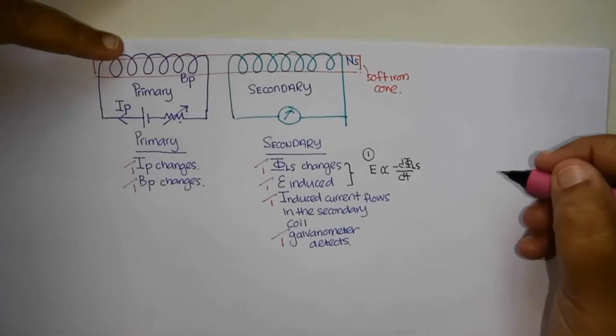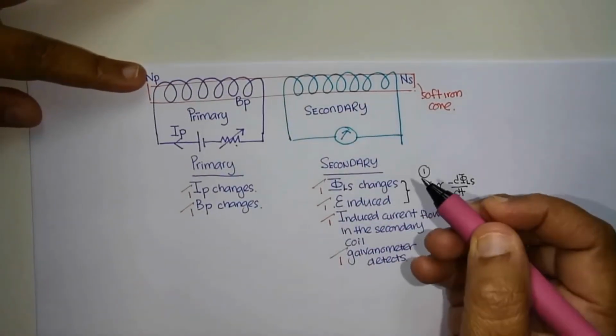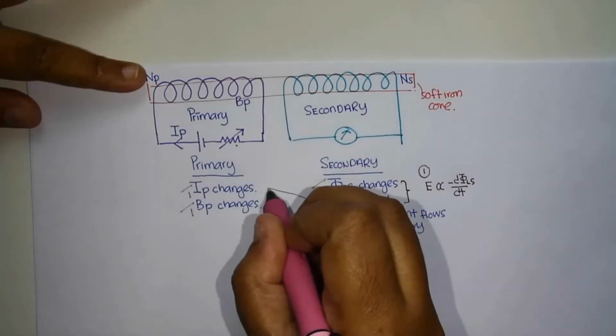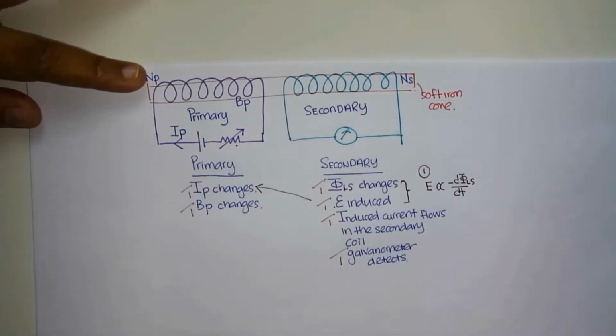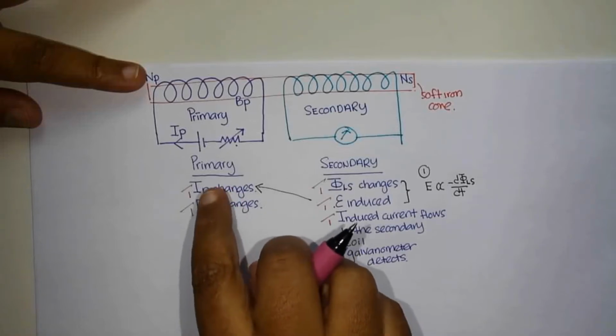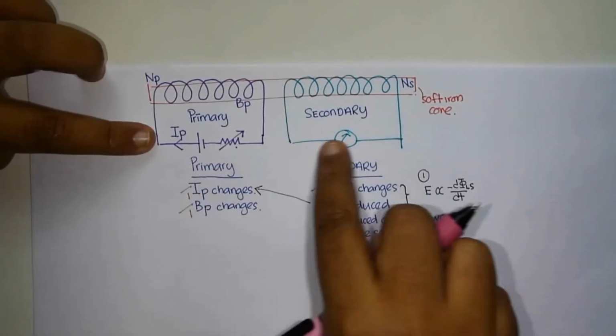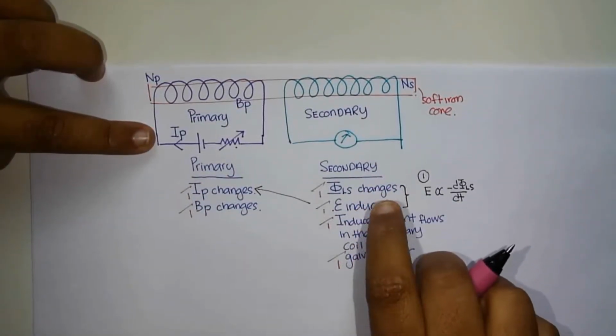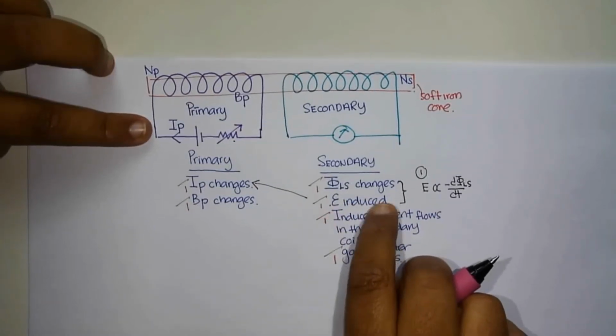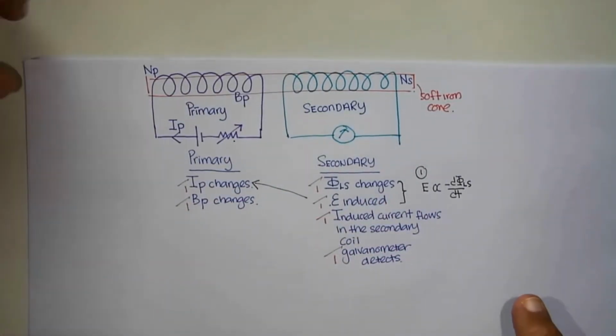Concept number 2: I realized that the EMF is induced actually due to the current changes. Correct? Because when the current changes in the primary coil, it will cause the magnetic flux linkage to change. So indirectly we can say the EMF is induced due to the current changes in the primary coil.